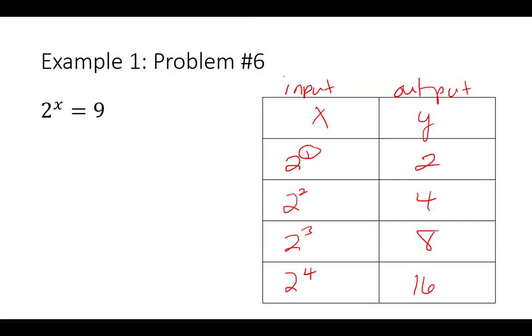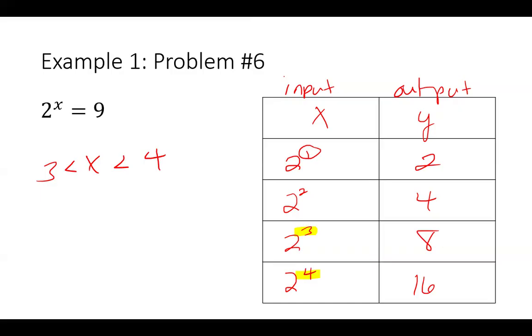So we're guesstimating. Our solution obviously is between an input of 3 and an input of 4. So we know x is between 3 and 4. And that's because 9 has to lie between these two numbers, right? So 9 is somewhere between those two numbers. So our estimated answer would be that x is greater than 3, but less than 4. Does that make sense?